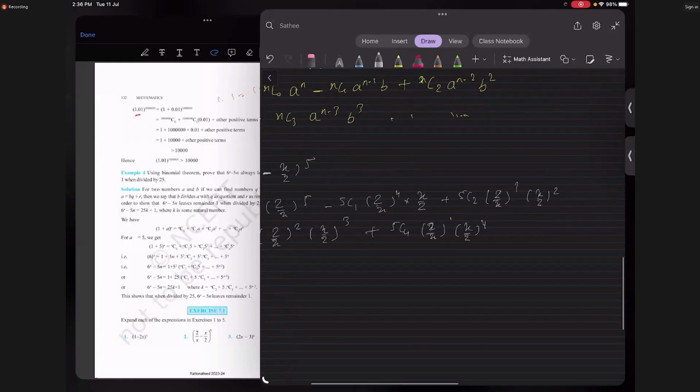And this would be minus 5C5 (2/x) to the power 0 (x/2) to the power 5. Okay.